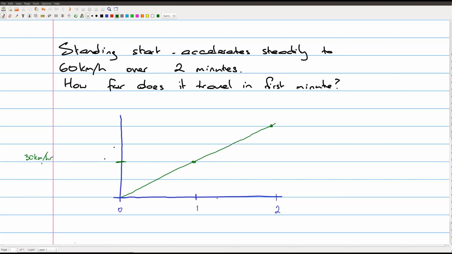An hour is 60 minutes, so if you're doing 30 kilometers per hour, you do a kilometer in 2 minutes, so you do half a kilometer in a minute. This is not a very standard measure of speed. But 30 kilometers per hour is half a kilometer per minute, and 60 kilometers per hour is, of course, 1 kilometer per minute.